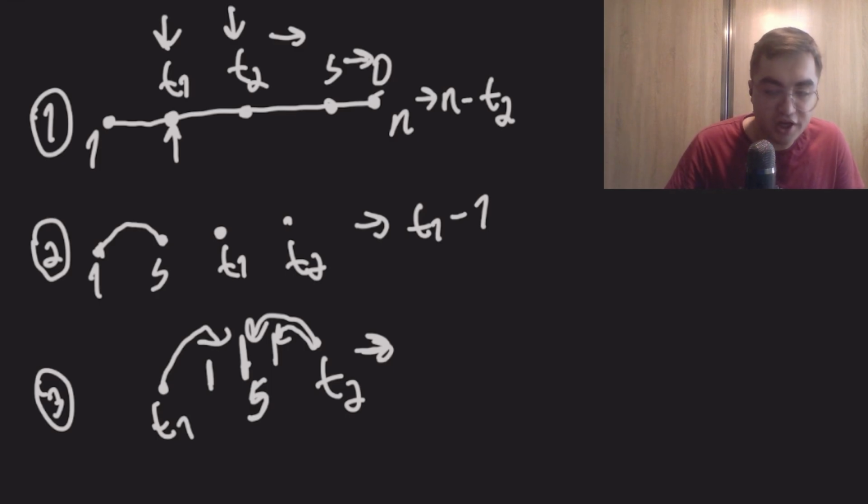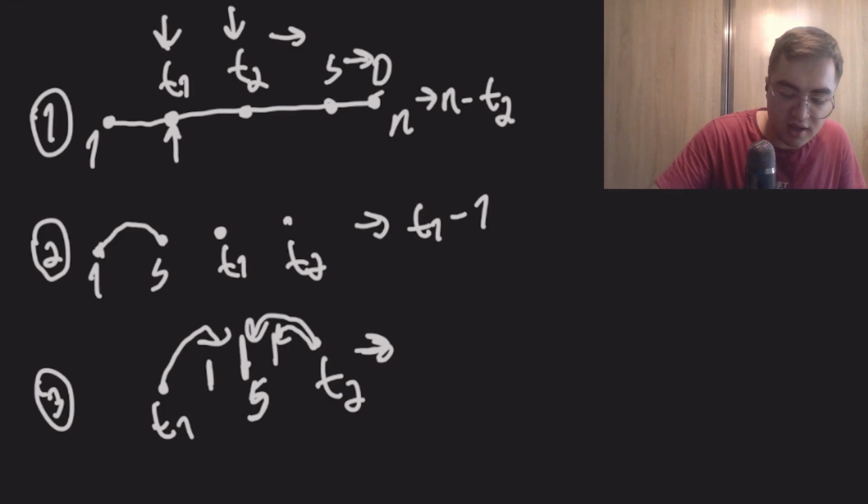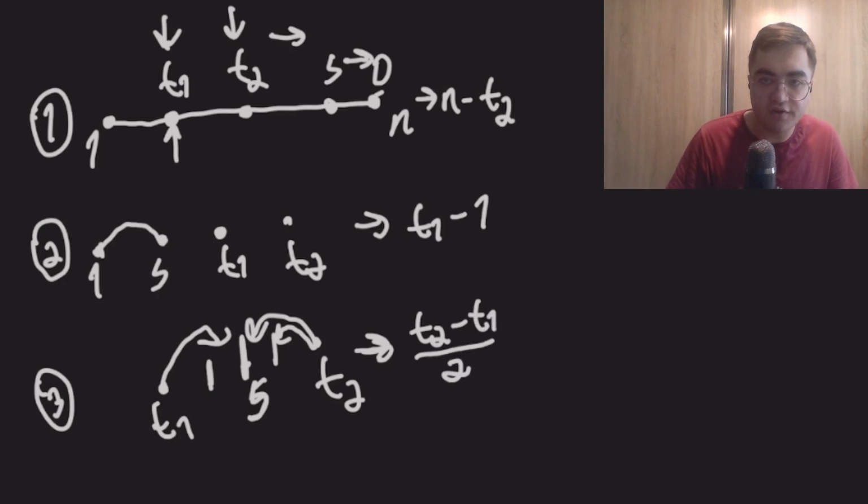With this in mind, we can notice that it's optimal for the student to stay in the middle. And for this, the answer is basically (teacher 2 minus teacher 1) divided by 2, because this is how many moves it will take for the teachers to reach the middle. And yeah, basically this is it. You just needed to understand these 3 cases and how to solve them.